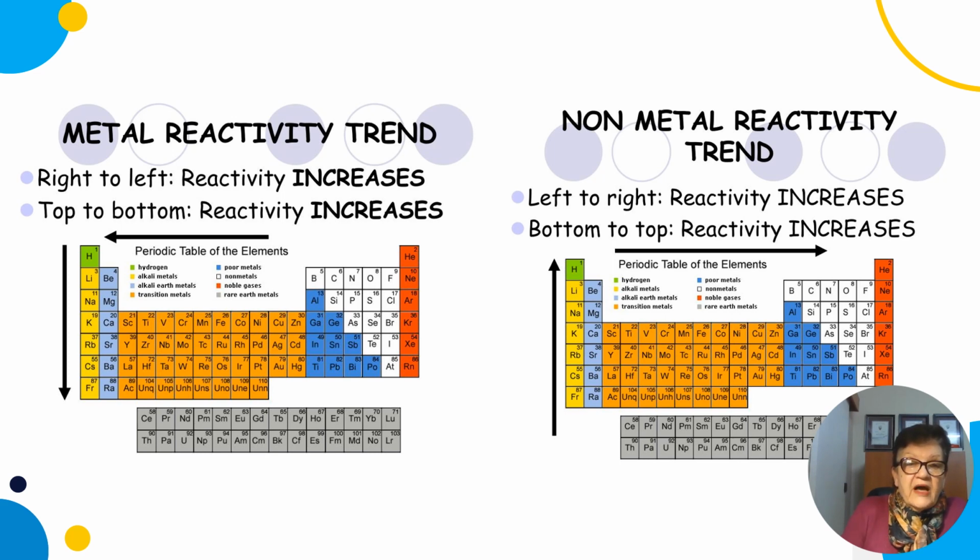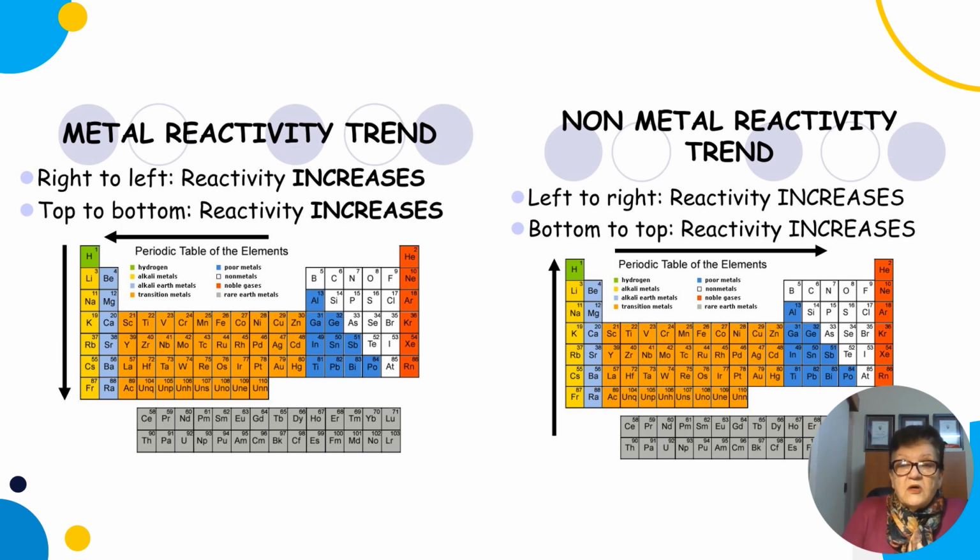And if you compare elements in group 1 with one another, the lower you go from the top to the bottom, the more reactive the element becomes. So regarding the metals, francium in our left-hand side corner at the bottom is the most reactive element.